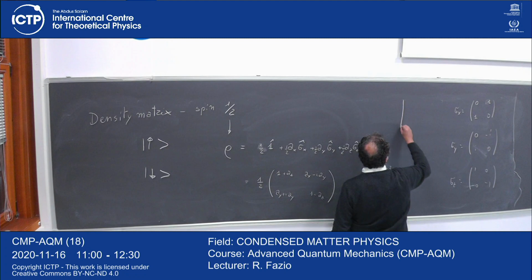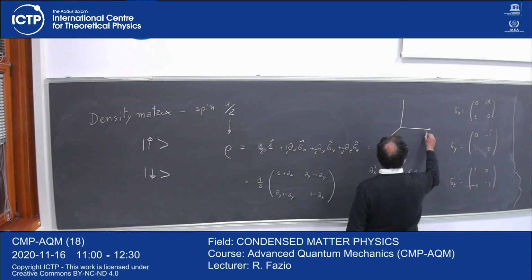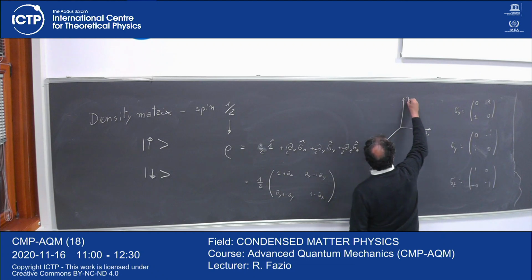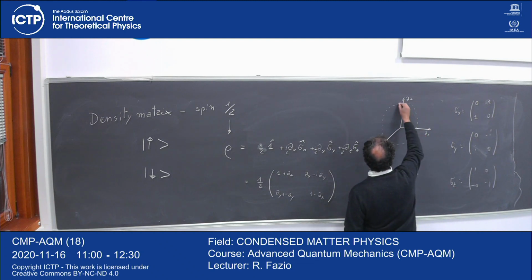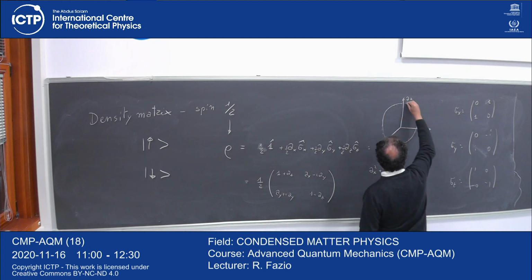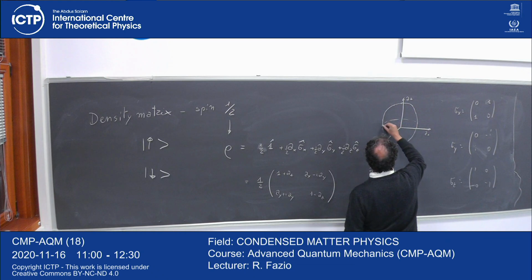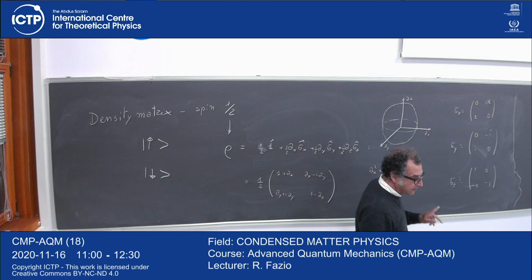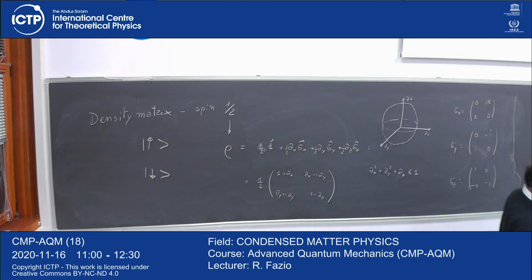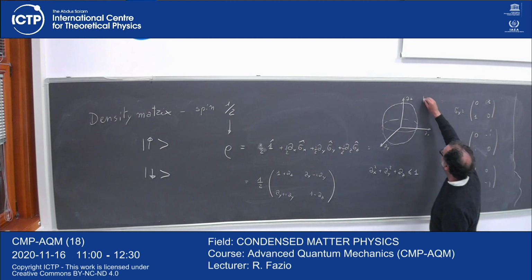Just imagine that I have a y, an x, and az axis. I take a sphere of radius 1. This sphere has a name. It is called the Bloch sphere.